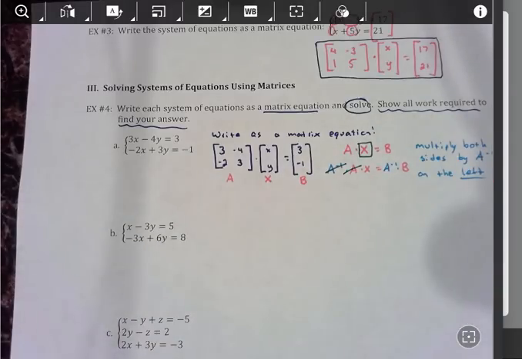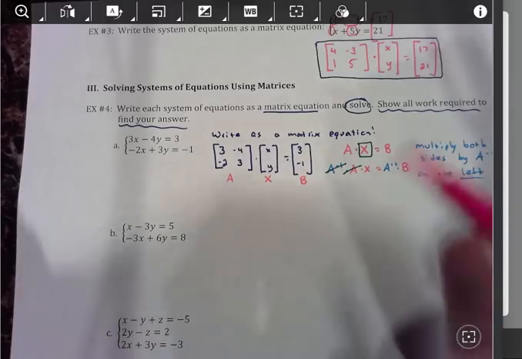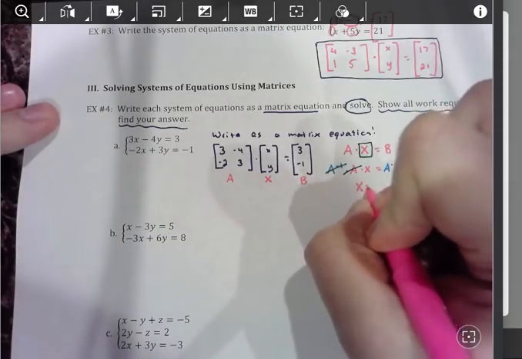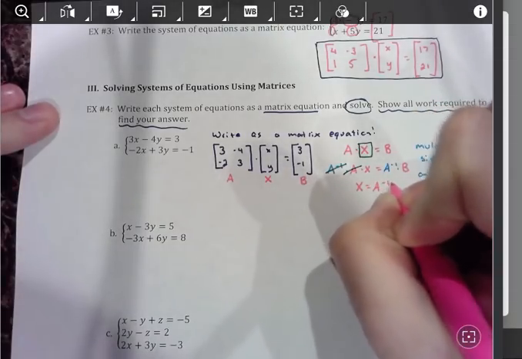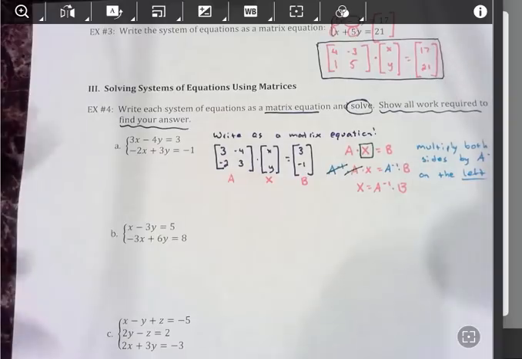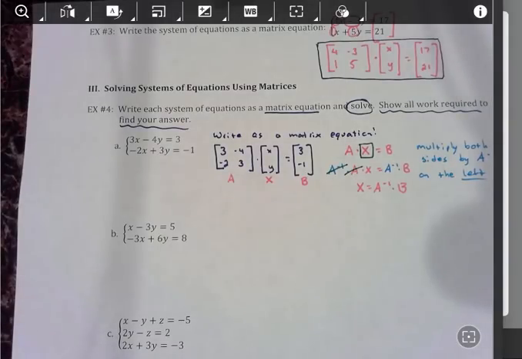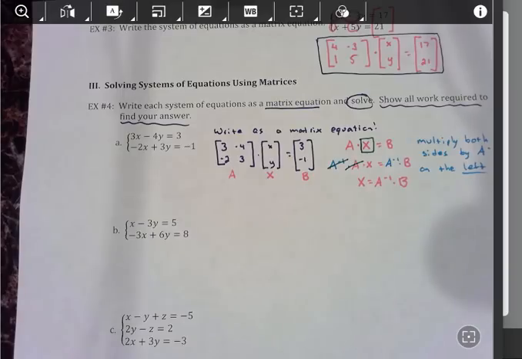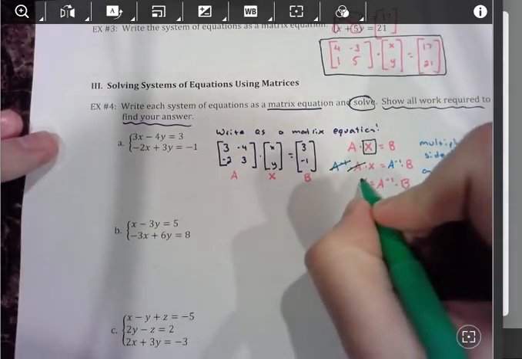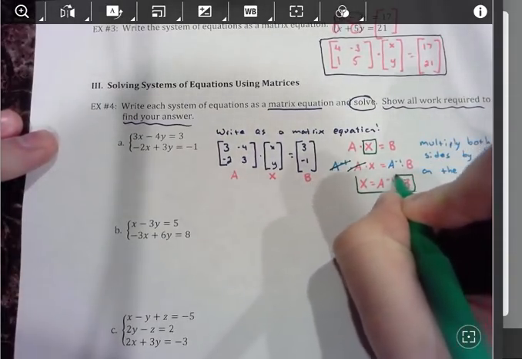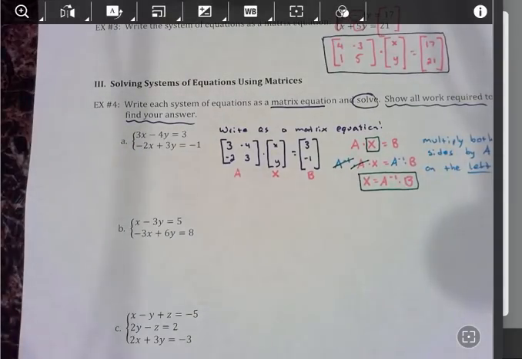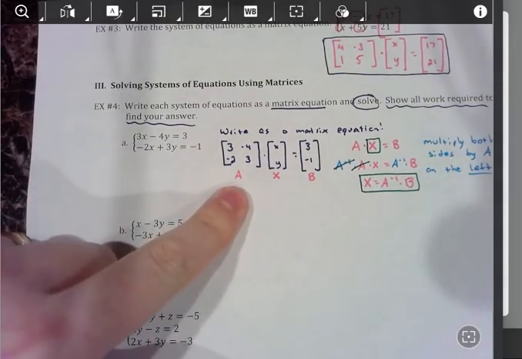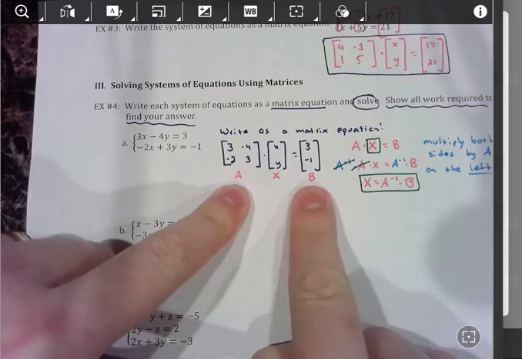What we get is that matrix X is equal to the inverse of A times matrix B. Honestly, this is the key to solving these problems, knowing that the answer we want is found by taking the inverse of matrix A and multiplying it by matrix B.